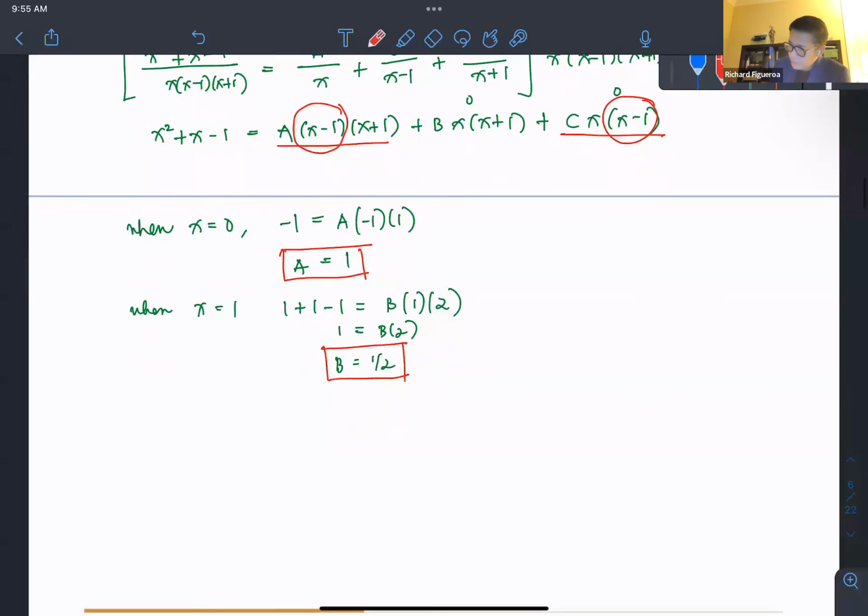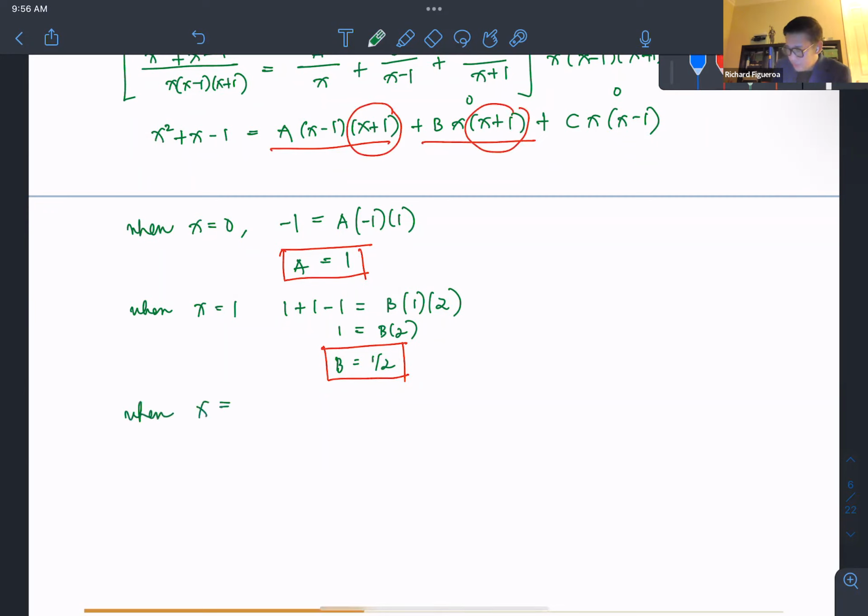And lastly, we want to get the value of C. What is common to A and B? It is x plus 1. To make x plus 1 equal to 0, x should be negative 1.